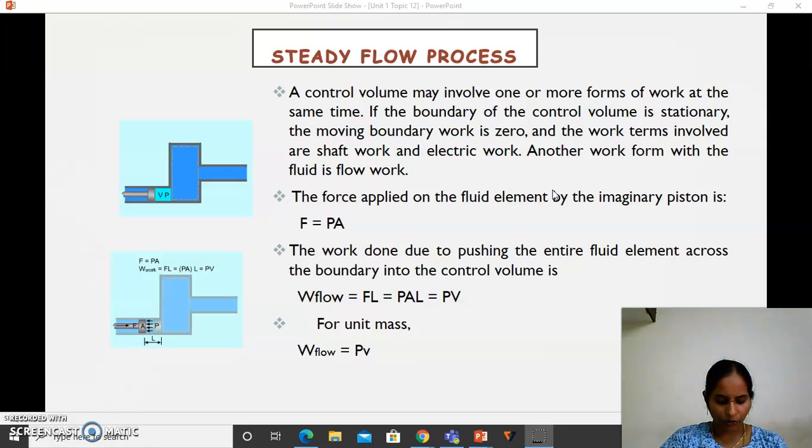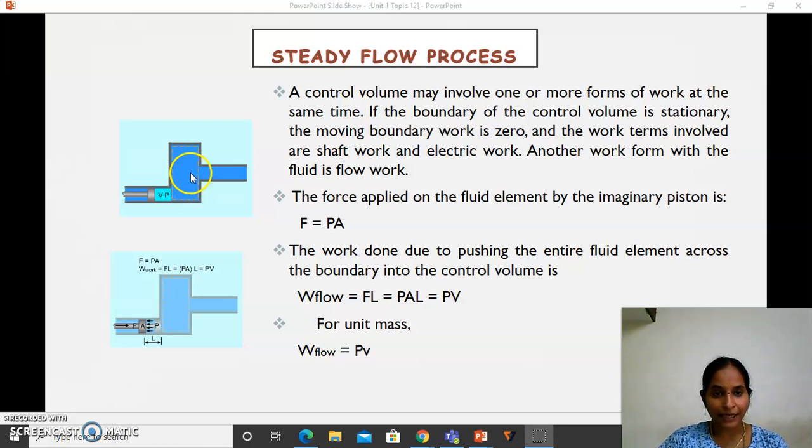Now, most engineering devices such as engines, turbines, heat transfer equipment, compressors, and throttling devices work as steady flow processes only. They are dealing with flowing fluids undergoing some cycles, any of the cycles which we have studied.